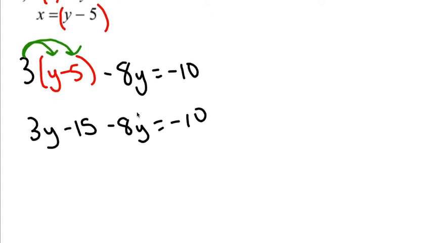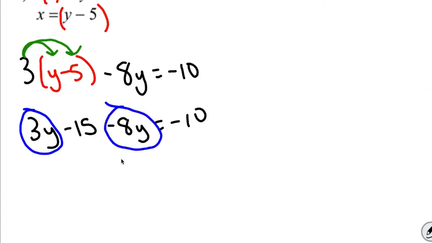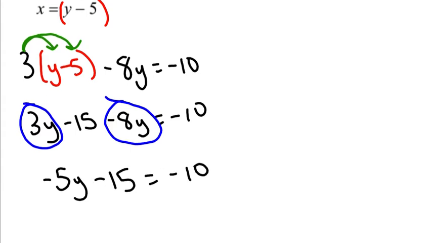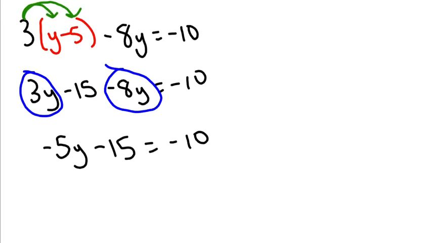So now, combining our like terms, here, 3y minus 8y, those are my like terms, right? 3y and negative 8y, combine them together, 3 minus 8. 3 minus 8 gives me negative 5y. Bring down the rest, minus 15 equals negative 10.